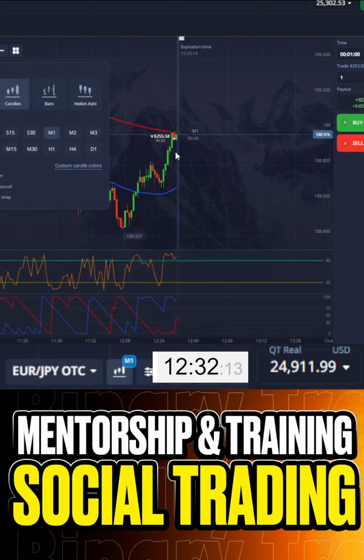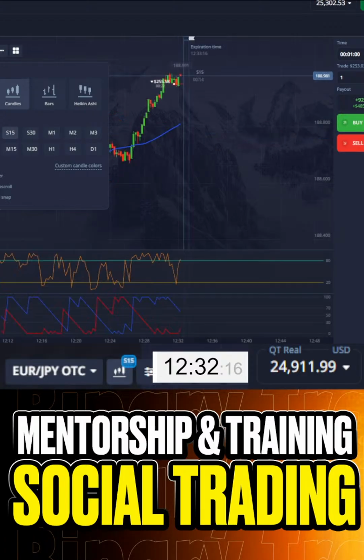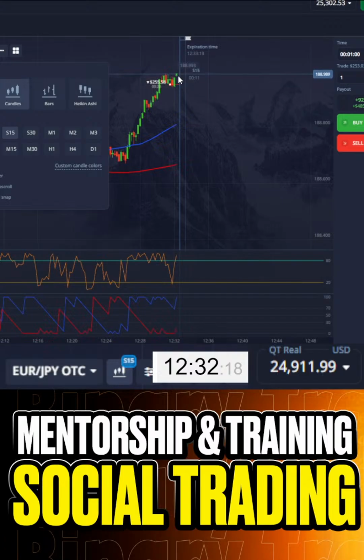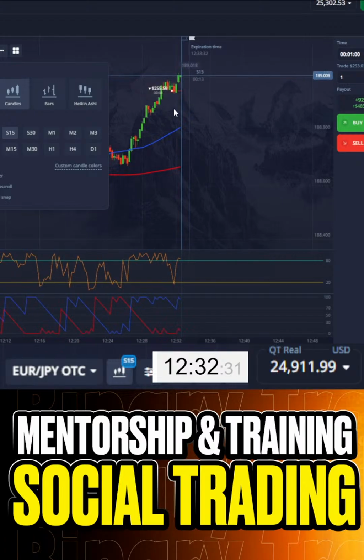Let's take a look. Oh, if it's doing like this, it's like a gap. This is called a price gap. It means that the price will go up. That's why I think that this trade we will unfortunately lose.